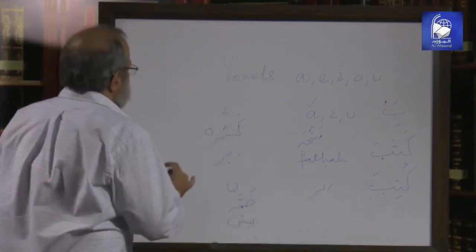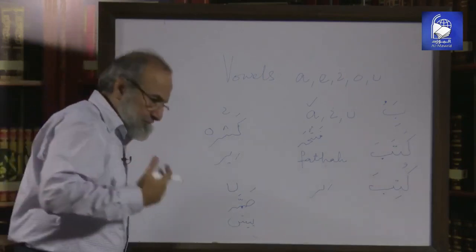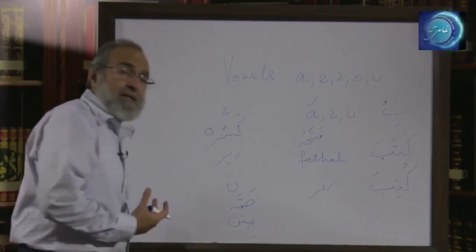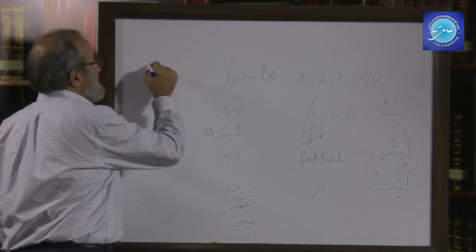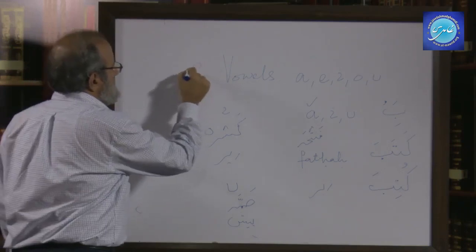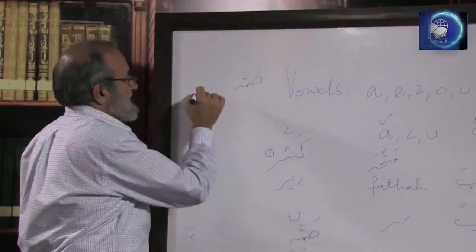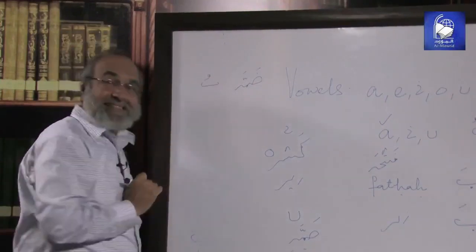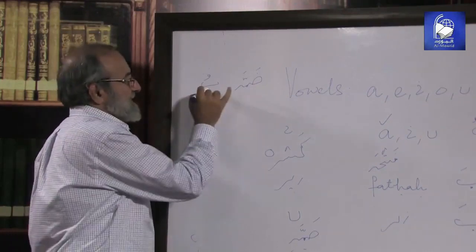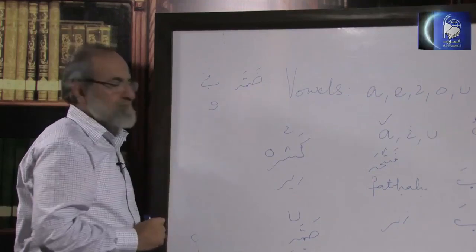Those three vowels and their partner letters are, if we start with dhamma, this symbol, the equivalent alphabet is vav.